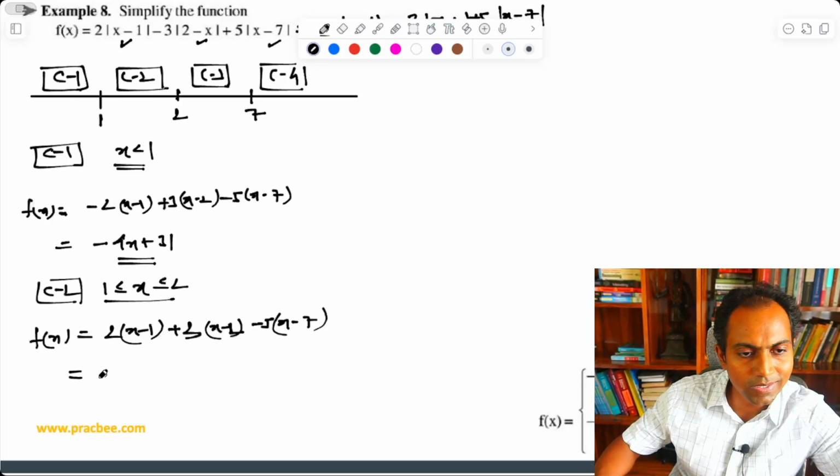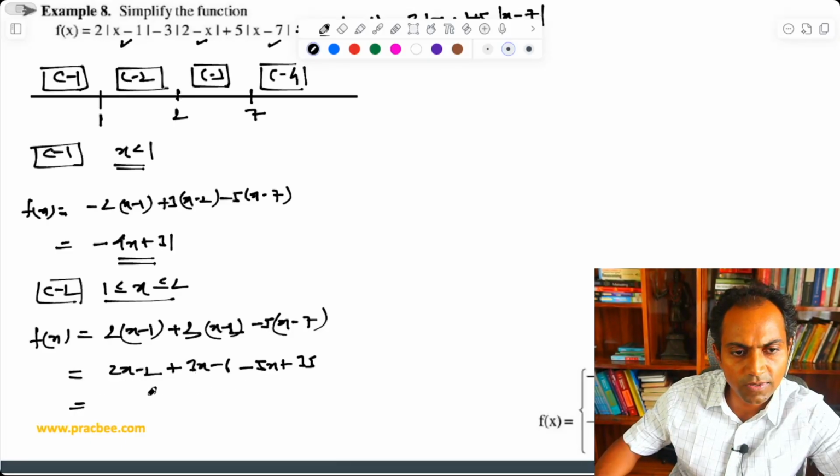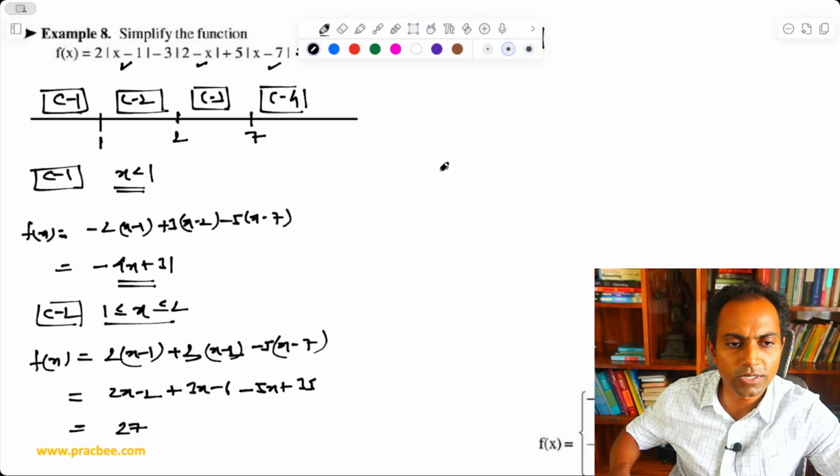If I open these, it becomes 2x minus 2, 3x minus 6 and 5x plus 35. If you add all the values, 2x plus 5x minus 5x, the x terms come to 0 and the constants come out to be 27. Let us go to the third case now, case 3.